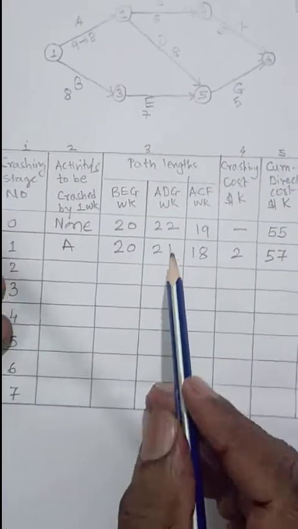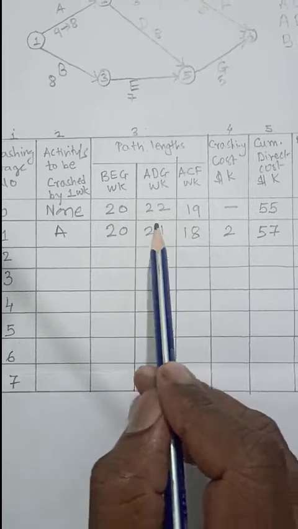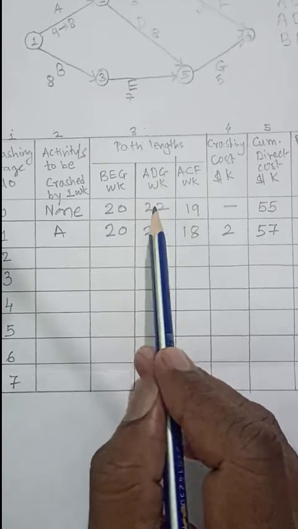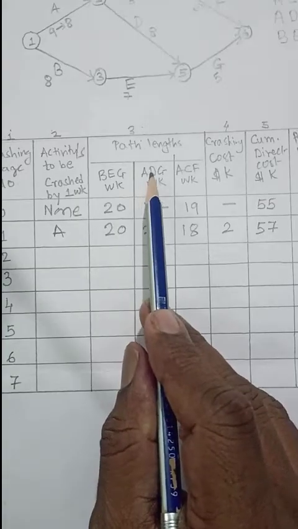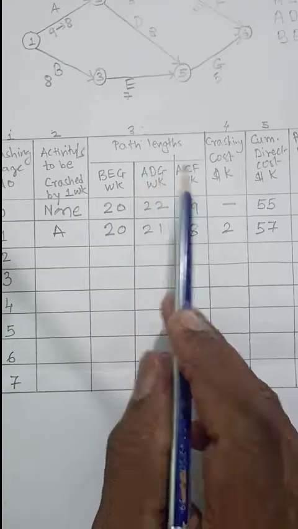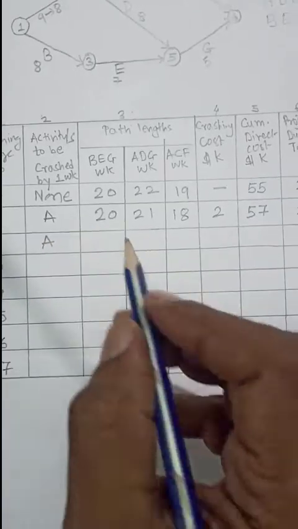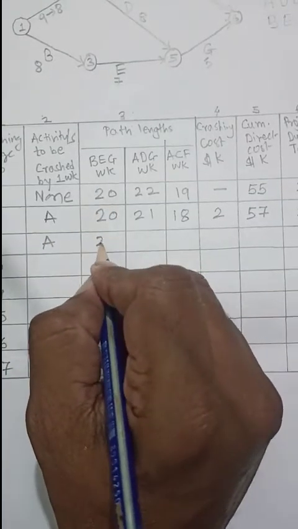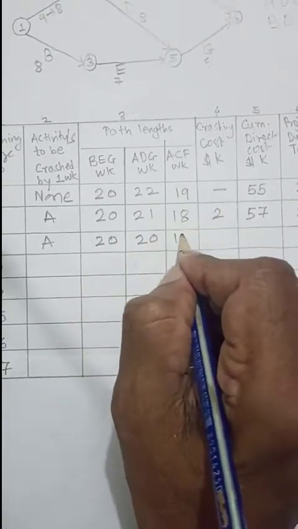Right. So for my next choice, again I will look at the maximum. The maximum is still ADG, so I will have the same combination, A or D or G. So again I will go for crashing activity A. This one will remain the same, this one will become 20, and this one will become 17.